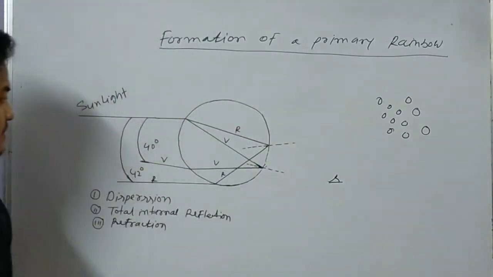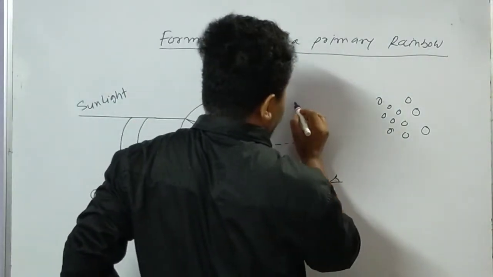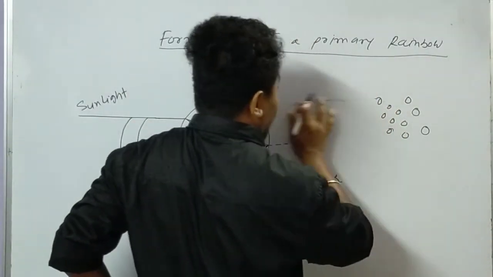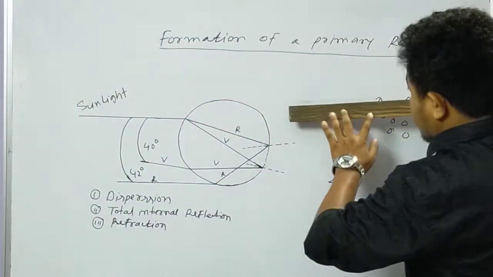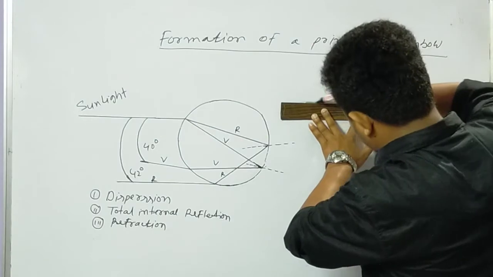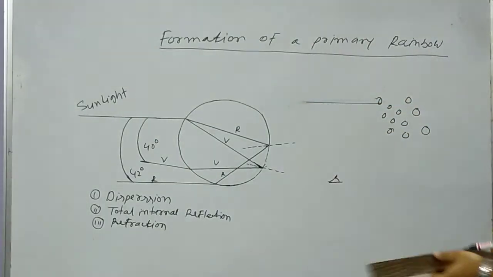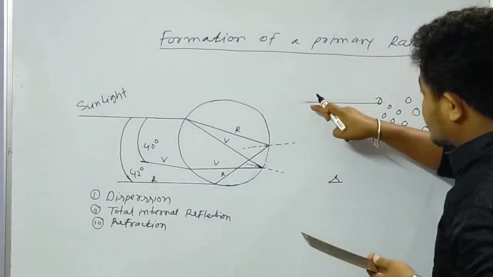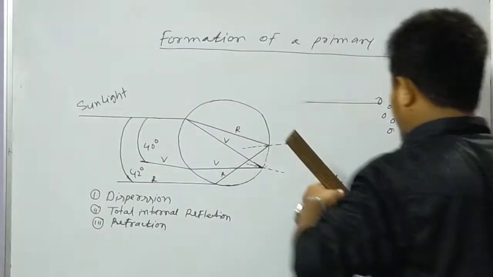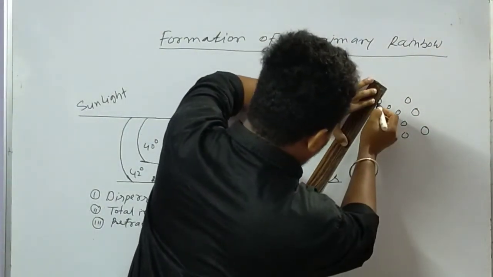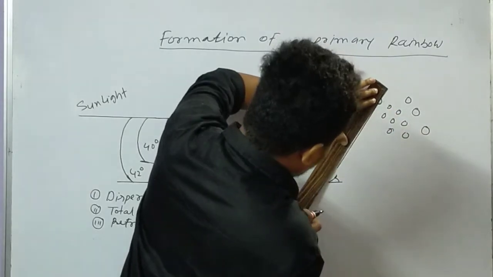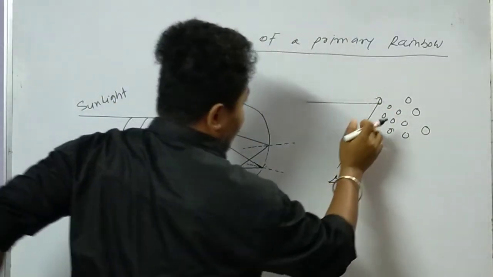Okay, so it's very simple. Now once there is sunlight, these are sunlight coming through, and once it falls on the raindrop, then what will happen? From here there will be 2 rays coming. Understand?